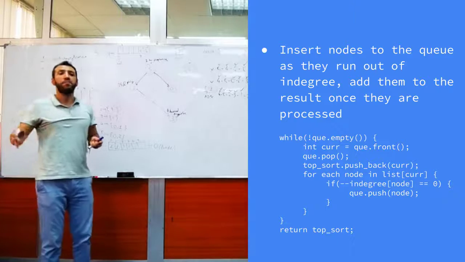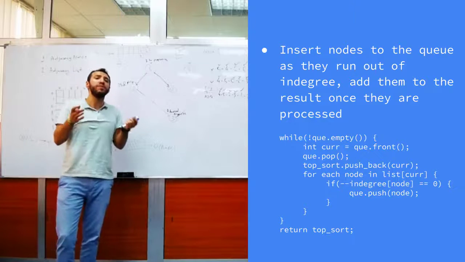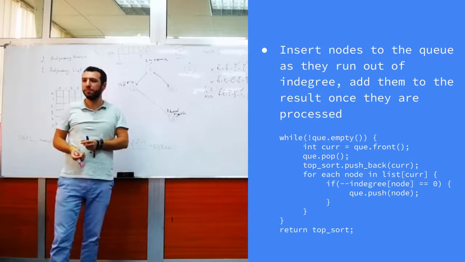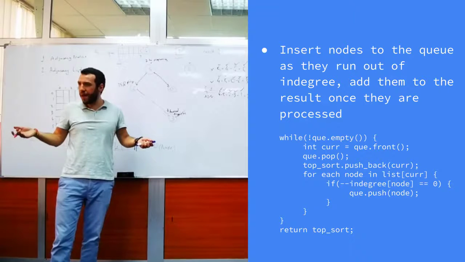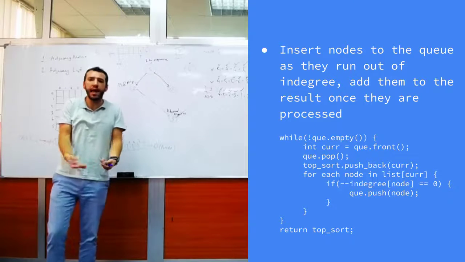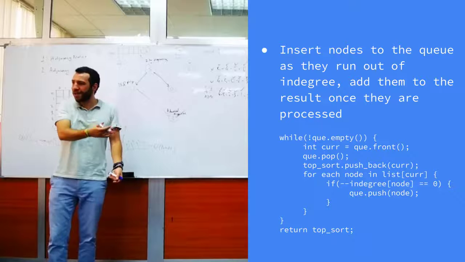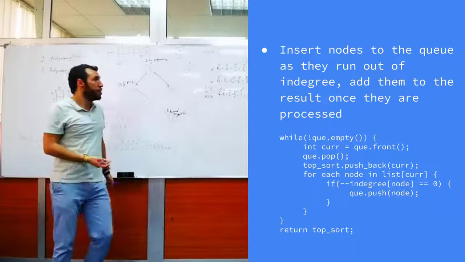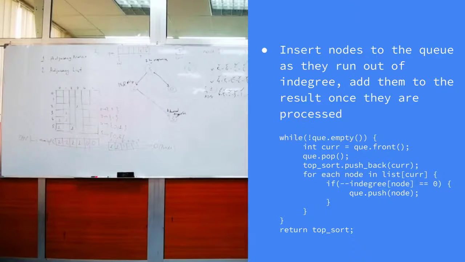So let's remember which nodes were the safest to start execution from. 0 dependencies, right? If there is 1 dependency, I still cannot start that. That dependency has to be resolved first. That's why, if you look here, we are decreasing the indegree for the destination of the edges that come from the currently processed node.